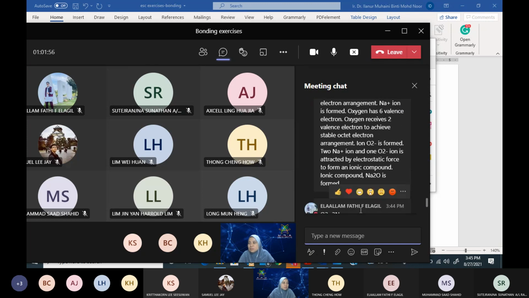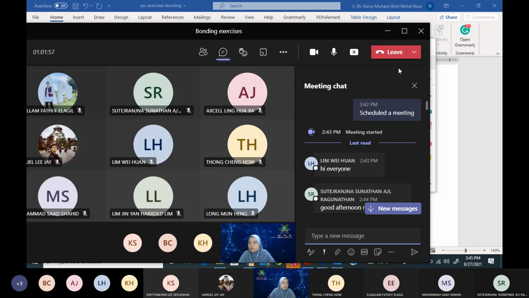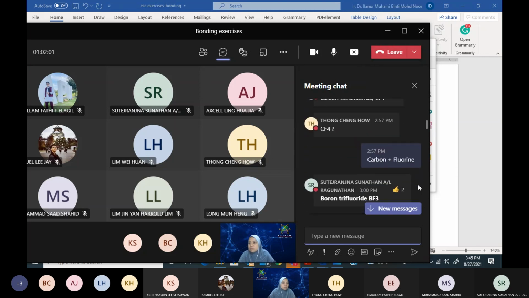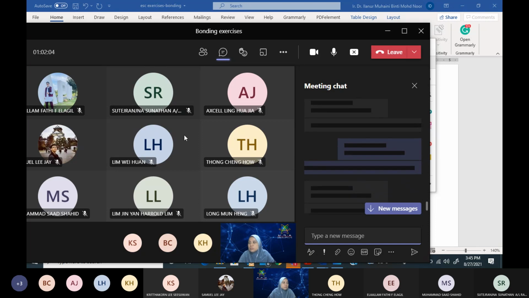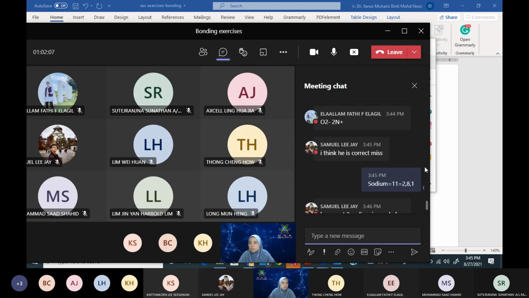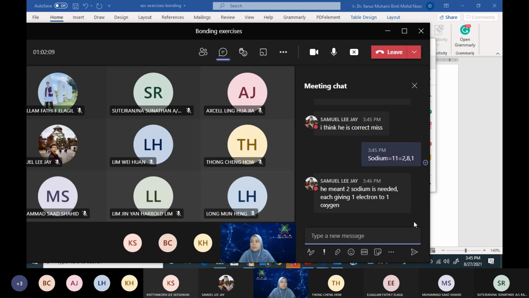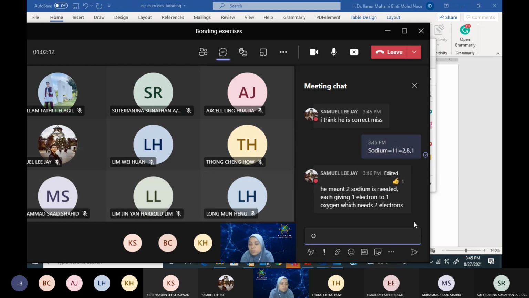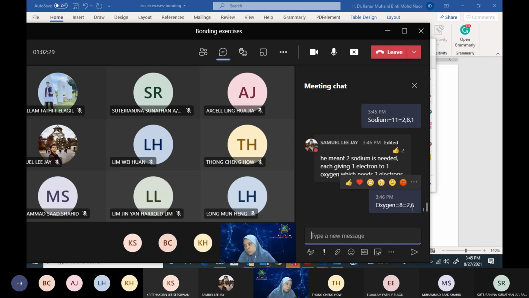Another one is oxygen. We write one by one for those who are not so sure. Maybe some are quiet because they don't know. Oxygen from the periodic table is 8, so it becomes 2, 6. So it requires another 2 electrons from sodium.